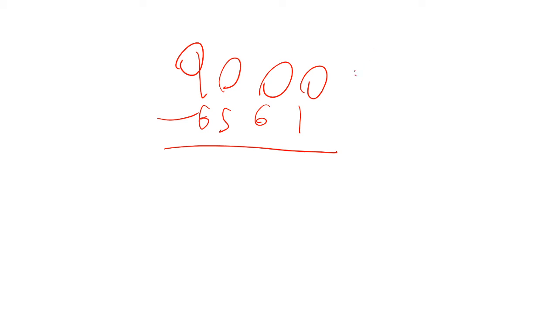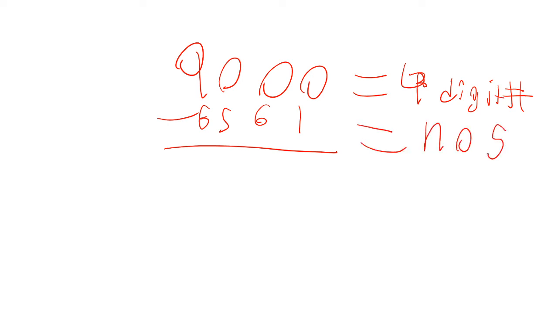So basically this is 4-digit numbers. And then this is no 5. So here we're just subtracting it off because what's remaining is obviously just going to be what we're looking for.